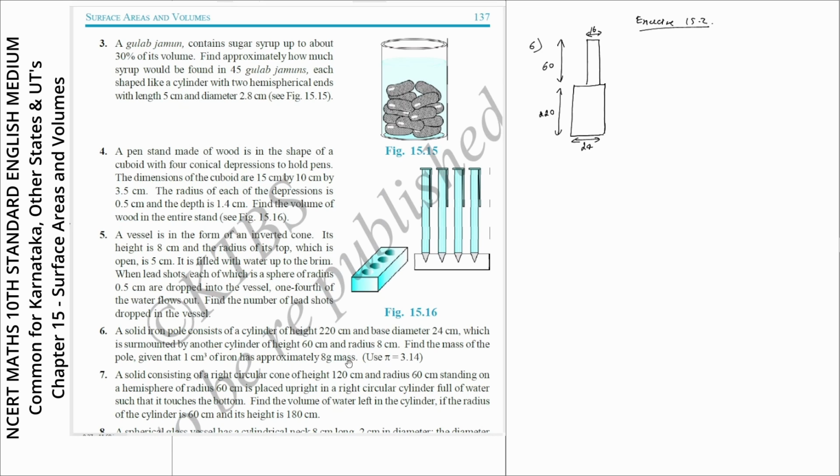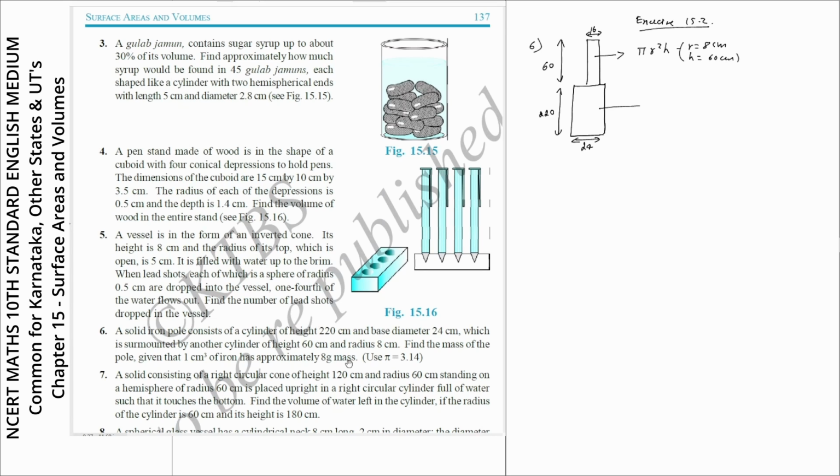Now what is the volume of the top cylinder? It is given by pi r square h. So here r is equal to 16 by 2, that is 8 centimeter, and h is equal to 60 centimeter.